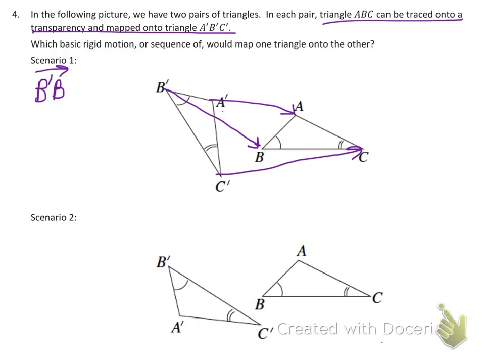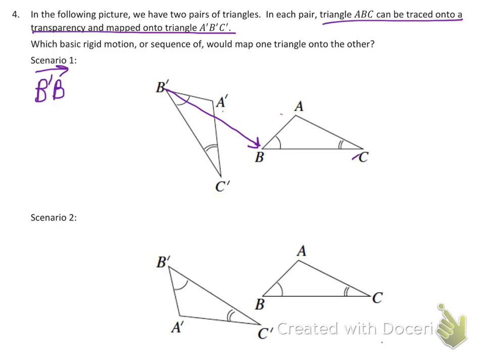So I'm going to choose this one. I'm going to choose B prime B because it puts me in the position of one of the exercises I just did. Exercise 2, I think.